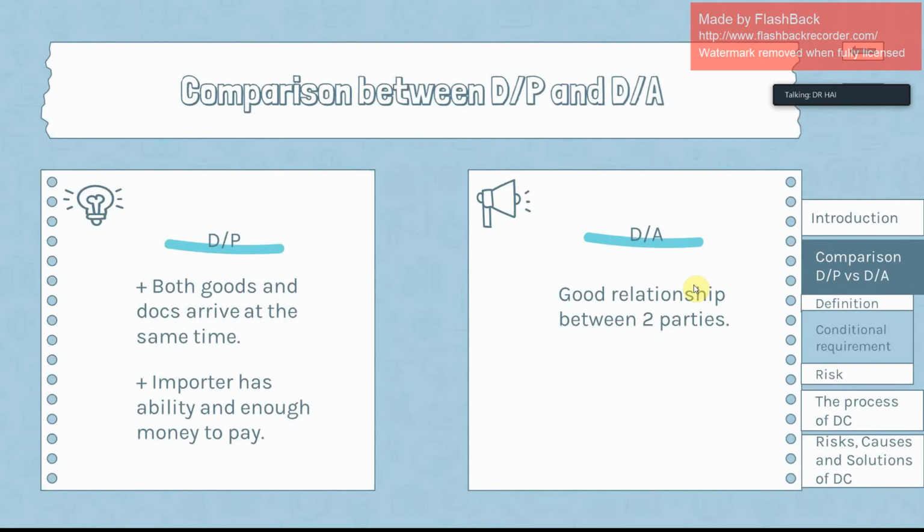What are the reasons the importer refuses to pay under DP and refuses acceptance under DA?